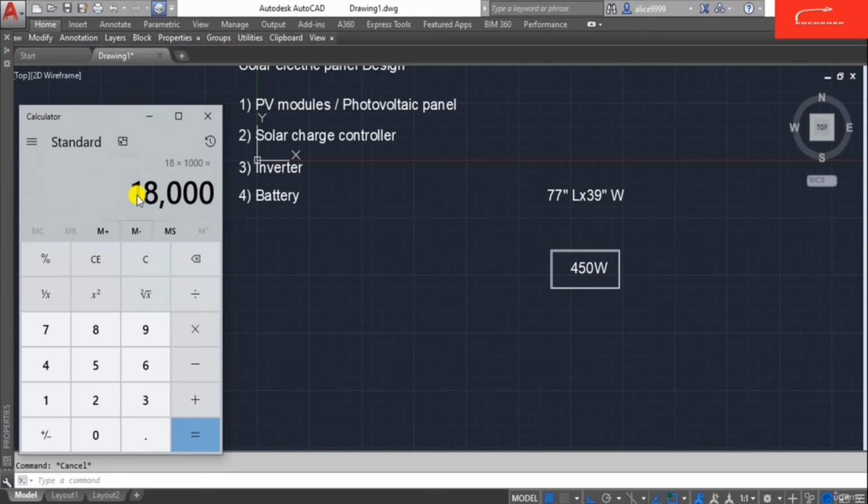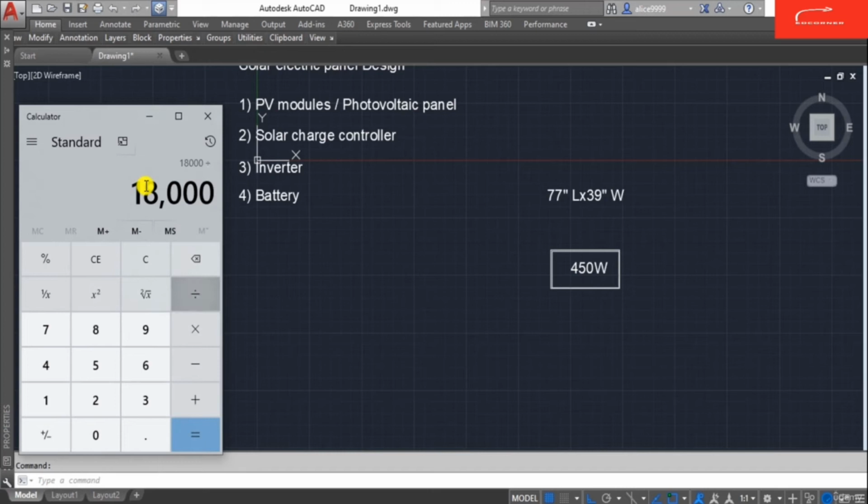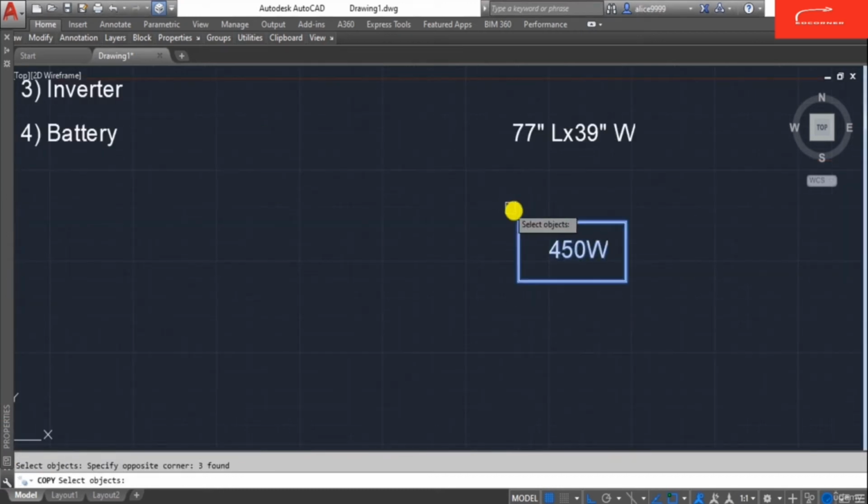So this 18,000 watts is the total electricity required for the entire building. So I require 40 panels, 18,000 divided by 450, to create the entire 18 kilowatt energy. So this is what I am doing.